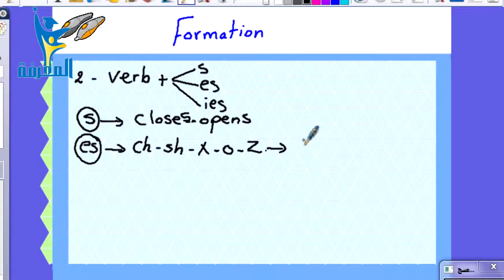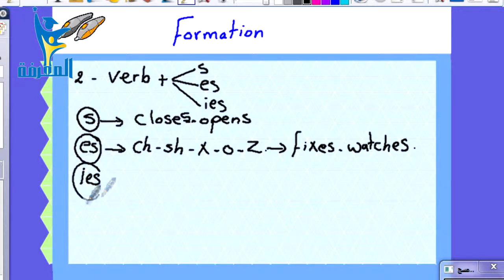Like fix. It will be fixes. Watch. It will be watches, and so on. When shall we put IES? We put IES if the verb ends in Y and it is preceded with a consonant.